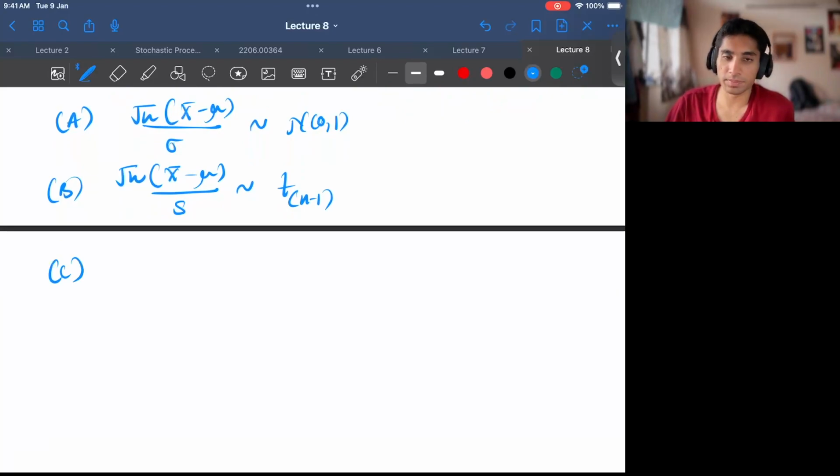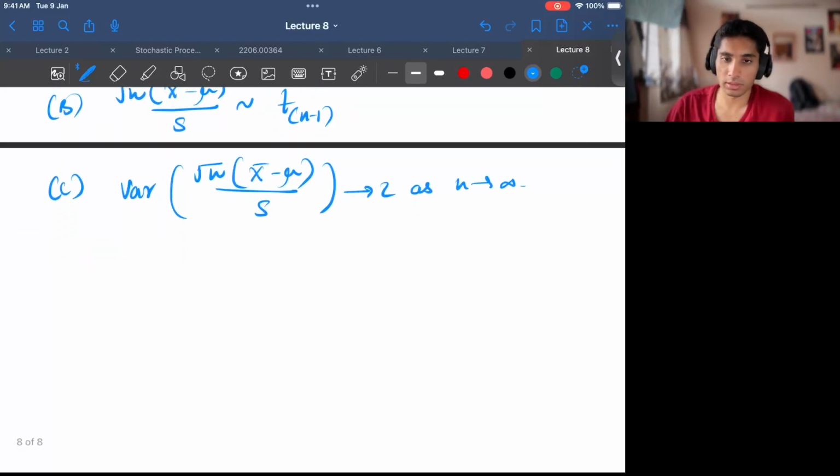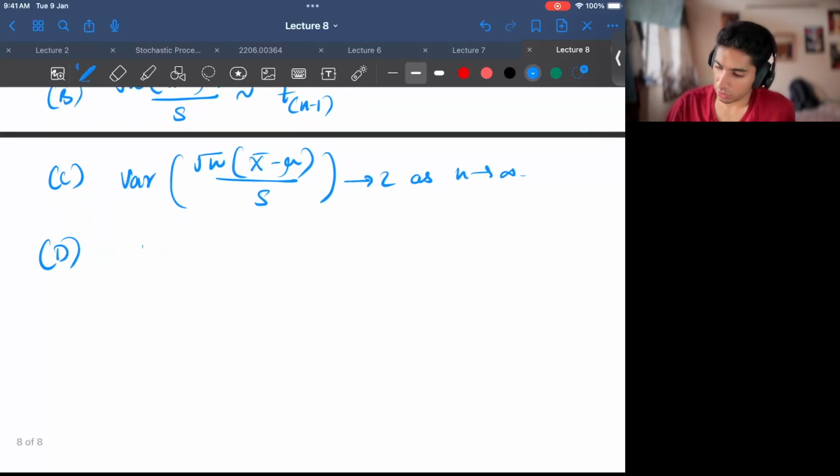Option C is the variance of root n x bar minus mu over s goes to 2 as n goes to infinity. And option D is root n x bar minus mu over s converges in distribution to normal 0 1.